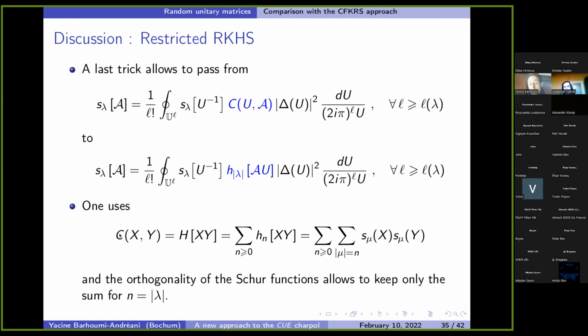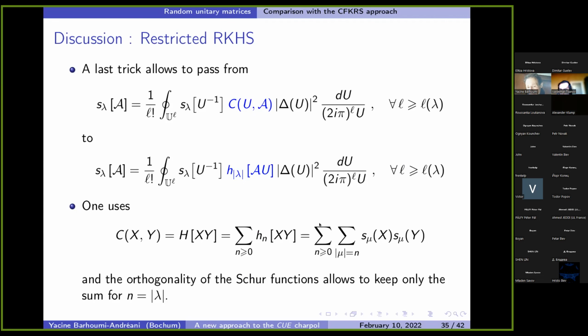The trick is you can write the Cauchy product as the generating series of a tensor alphabet, x_i y_j, and the generating series of the h_n, so the Cauchy product is the sum of h_n of xy. And in fact, this is the Cauchy identity I was mentioning. This is the sum of s_mu of x times s_mu of y. So this is the famous identity in symmetric functions.